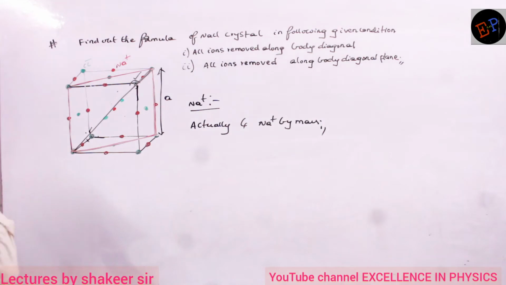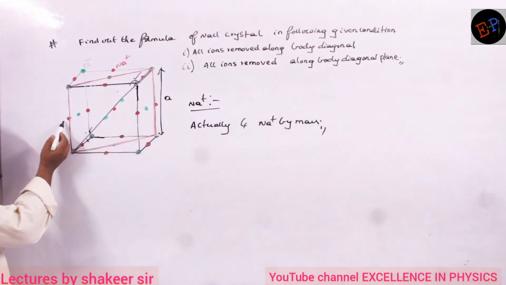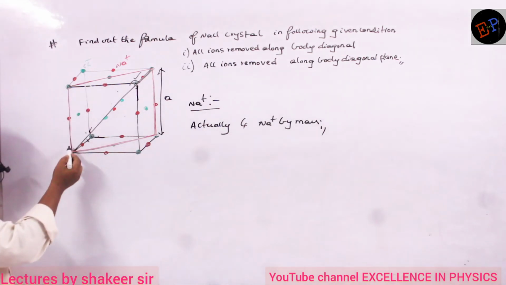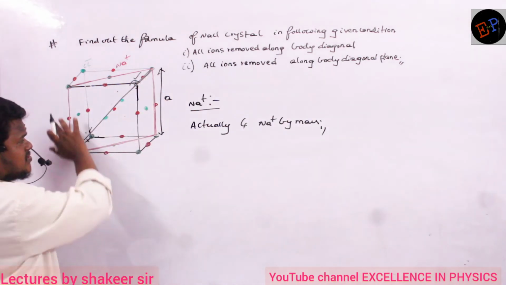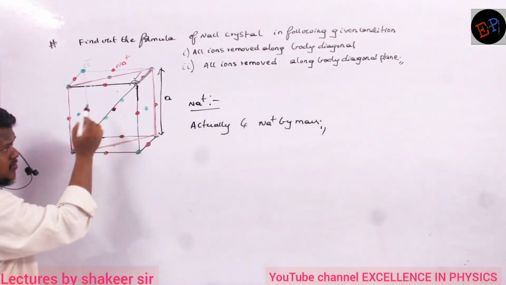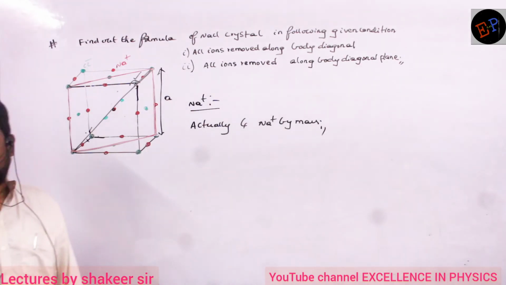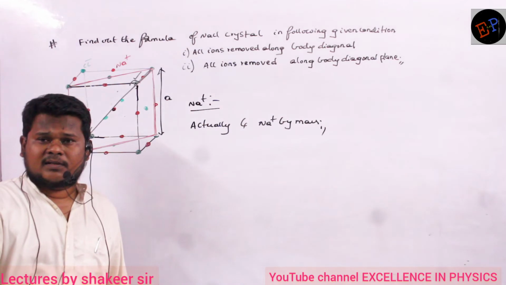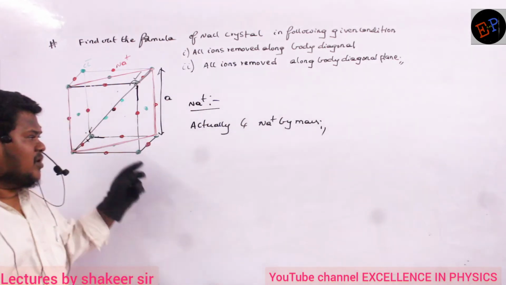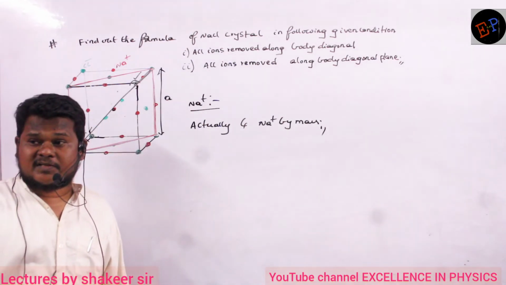What are they? This one. This body diagonal is passing through this edge, and next, this one. And the same body diagonal is touching the middle one also, no? It has to pass through the middle. At the middle of the NaCl crystal, Na plus is present. So therefore the body diagonal is touching 3 Na plus atoms.